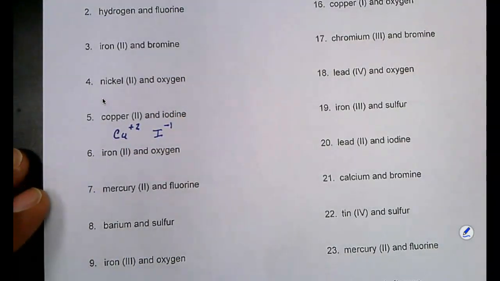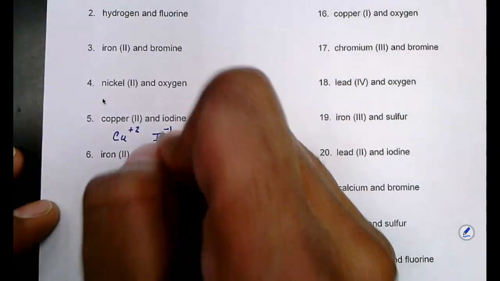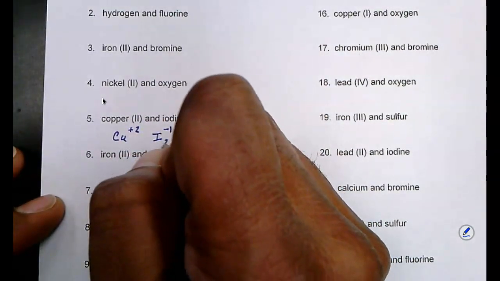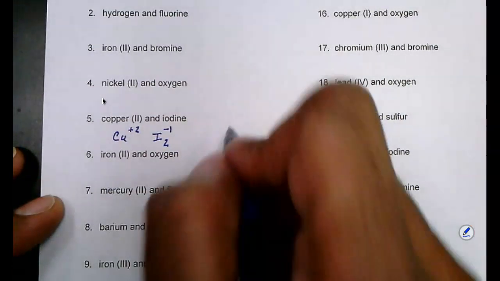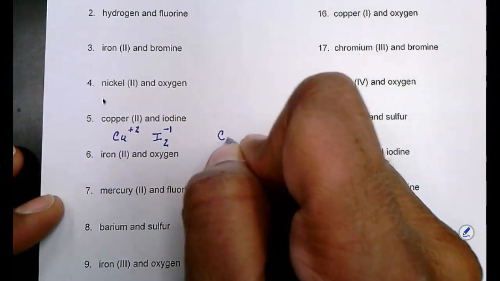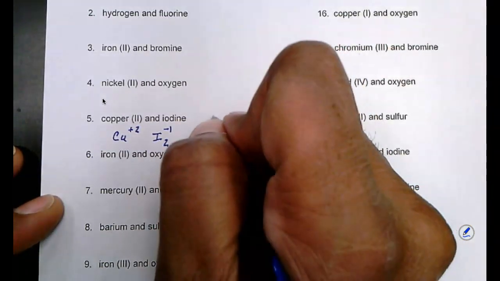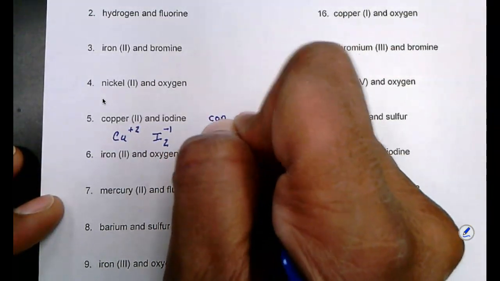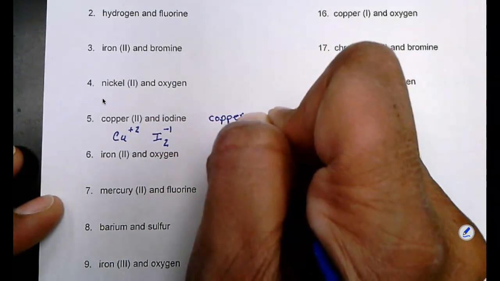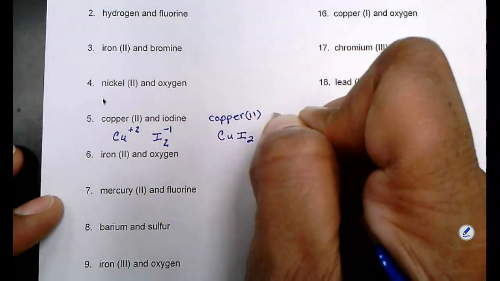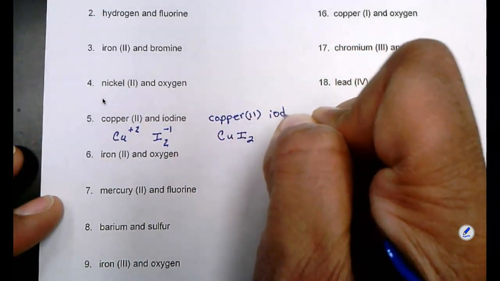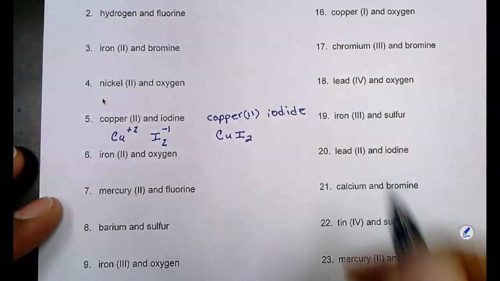So in order to get these balanced out neutral, iodine, I'm going to need 2 of the negatives to balance out the positive 2. So my formula is CuI2, and the name of this compound is copper, and then a Roman numeral 2, and iodide. Remember, we have to change that ending to "ide."